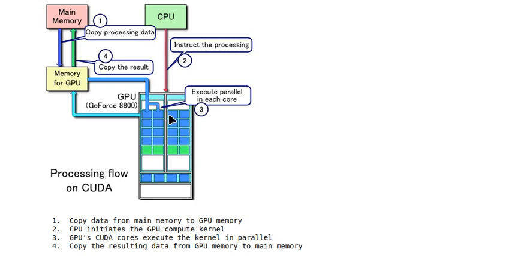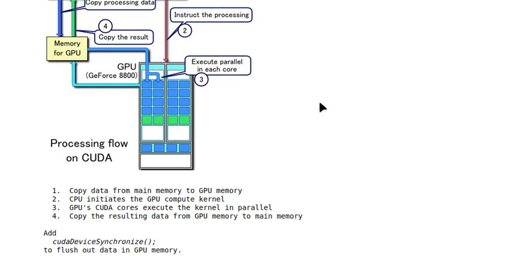Then it gets the result, and the result will be copied back to the main memory from the GPU memory. But sometimes it could be buffered here. So if you want to flush out the data, you can add this command, which will flush out the buffered data.